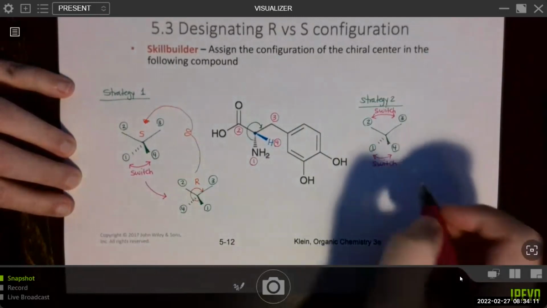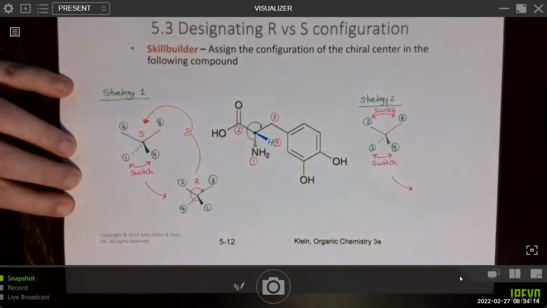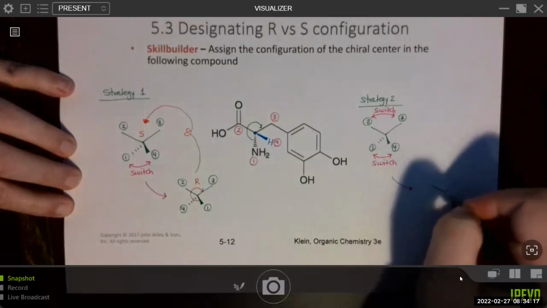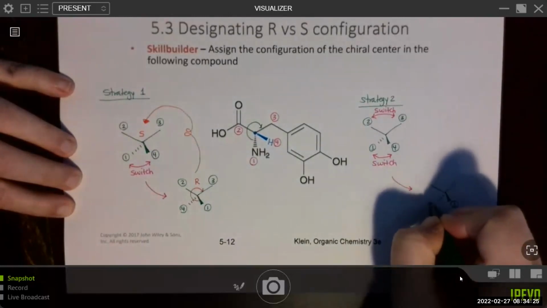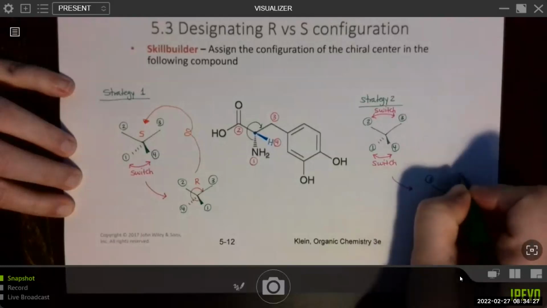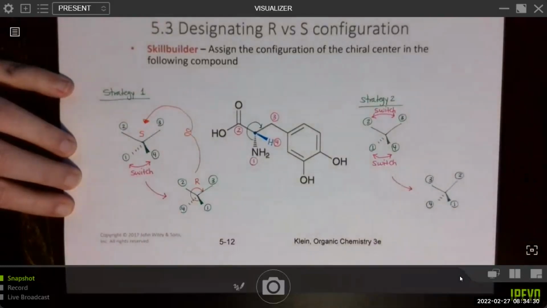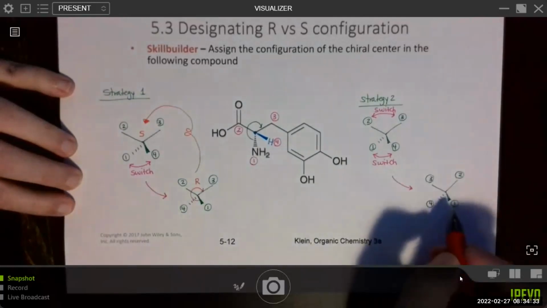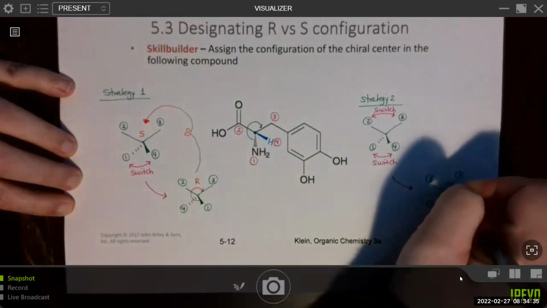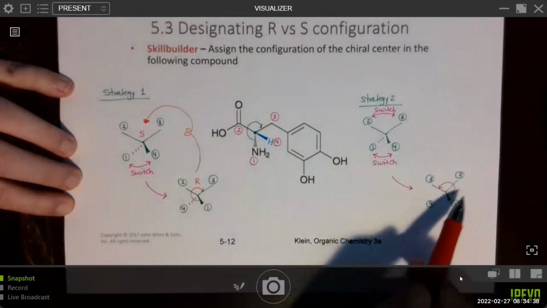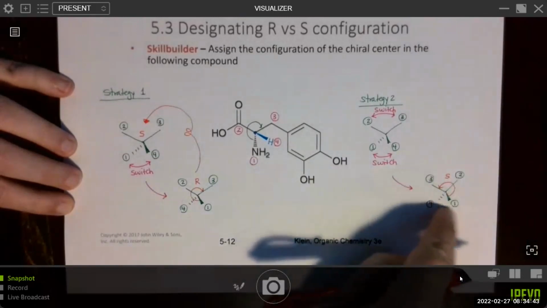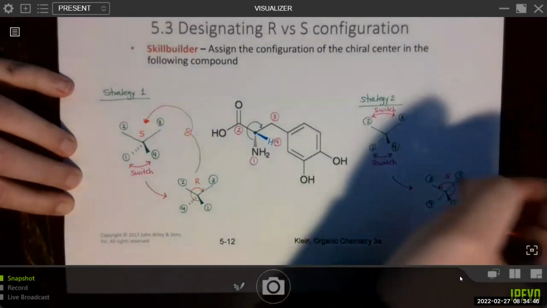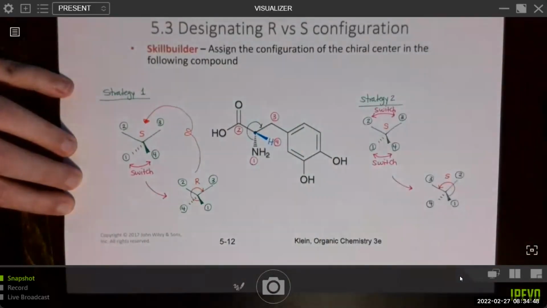Right, so this is now 2 switches. Right, and so now I have 1 over here, 4 over here, and I've also switched 2 and 3. So because I've done 2 switches now, I can still do 1 to 2 to 3, 1 to 2 to 3. Right, now this is a counterclockwise and S configuration. Because I switched 2 sets of groups, it's now still the original S.